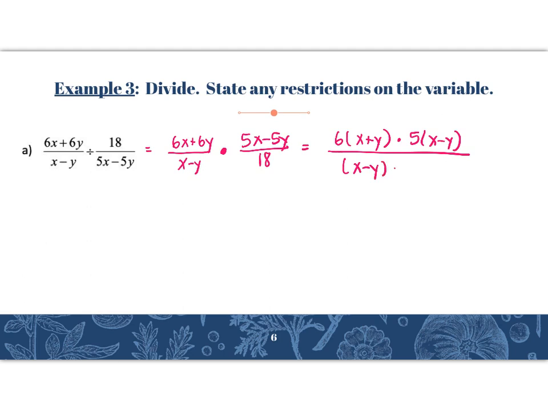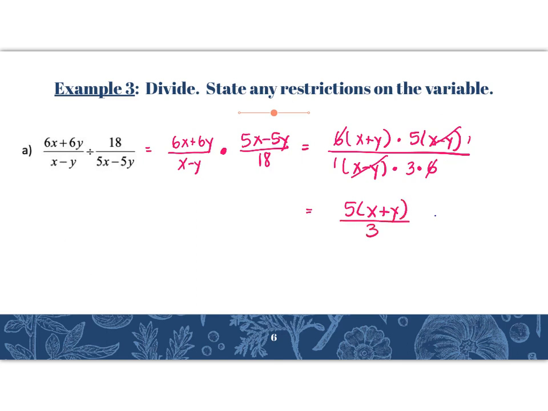How does that simplify? 3 times 6. All right, now let's see what we've got. Anything simplify? Well, I have a 6 on top and a 6 on bottom. That simplifies to 1, and then I have a factor of x minus y and a factor of x minus y. That also simplifies to 1. So I get 5 times x plus y all over 3.